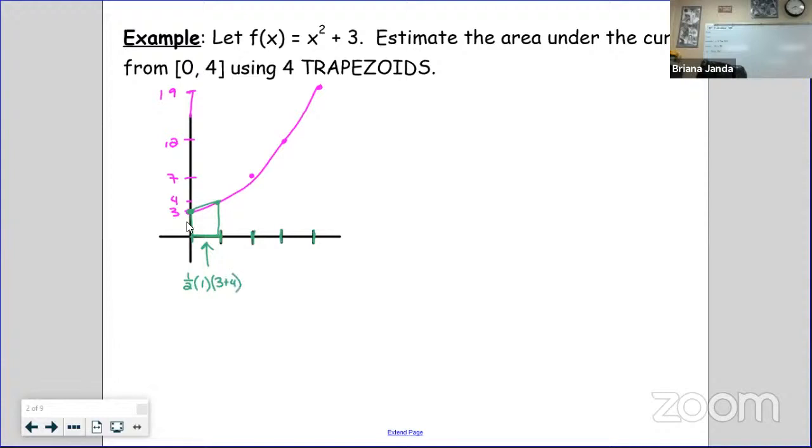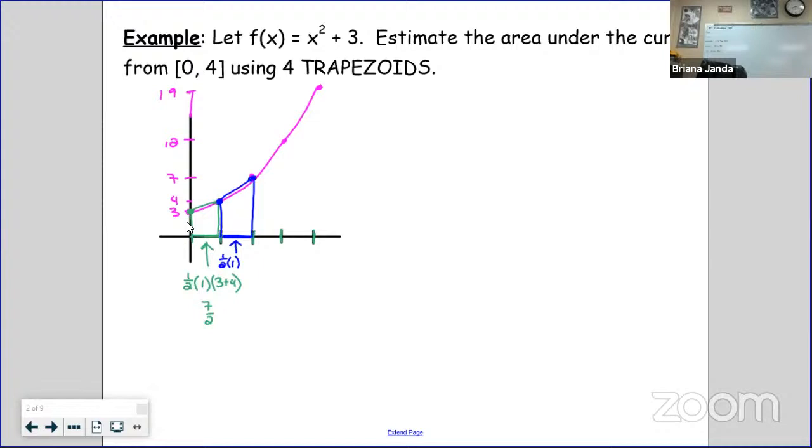Questions? So that would be 7/2. And we repeat that process all the way across. Here's the next height, the distance between my bases, connected up to our function, and there's our little trapezoid. Its height is again the distance between the 2 vertical bases, which is 1 for all of these since they're evenly spaced.